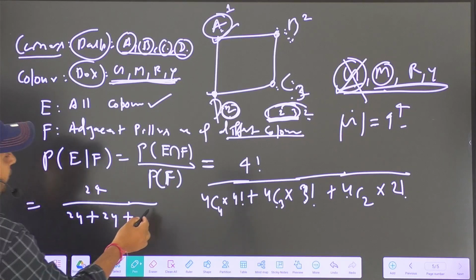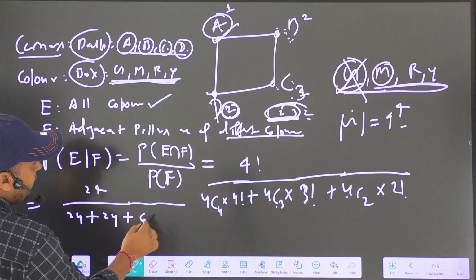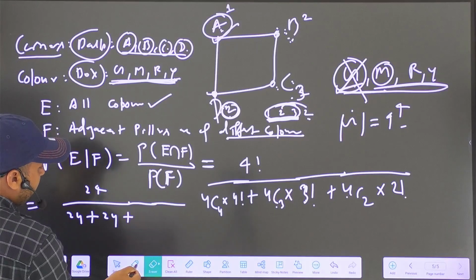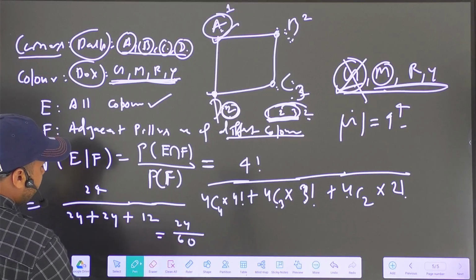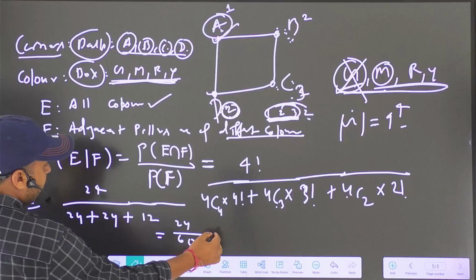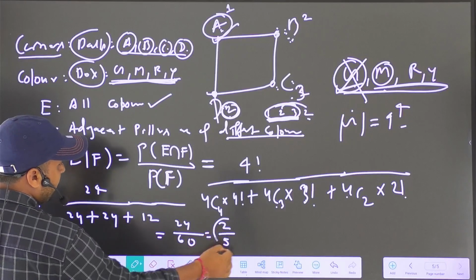And 4C2 is 6 into 2, 12. So it is like 24 upon 60, so it is a 2 by 5 kind of answer.